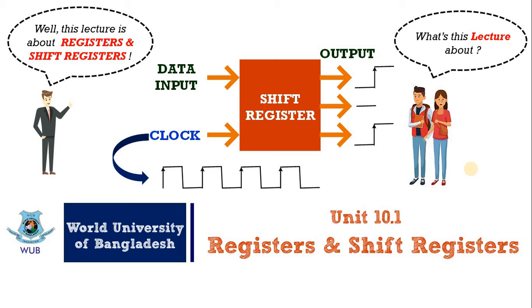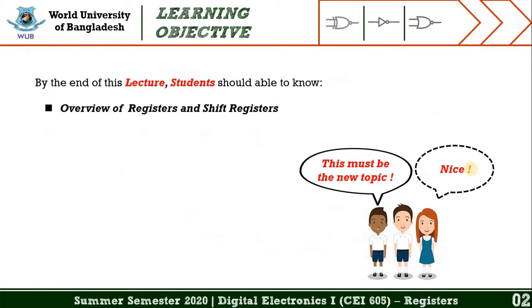Let's explore the learning objective of this lecture. That's why we need to move into the next slide. By the end of this lecture, you will be able to describe registers. Not only describe, but you will know the overview of registers as well as shift registers.